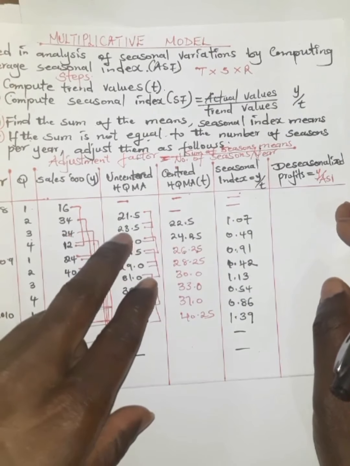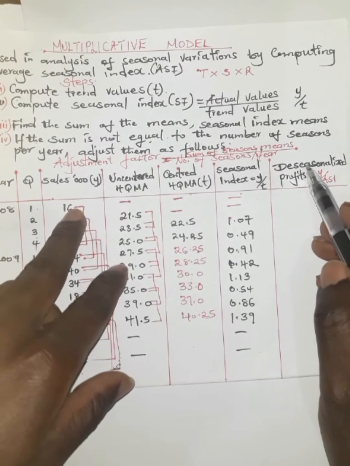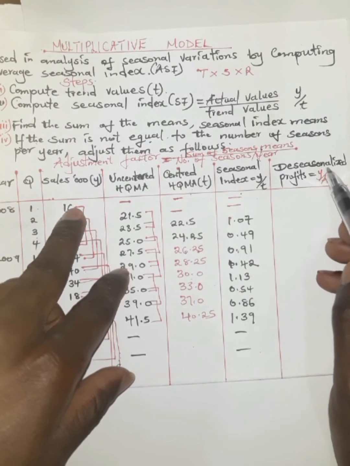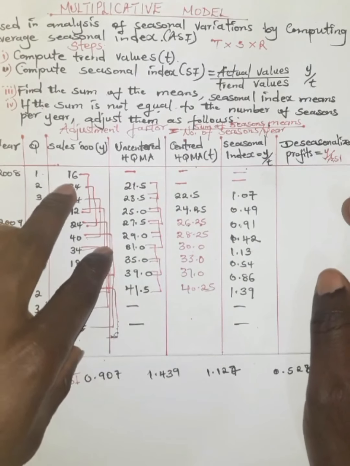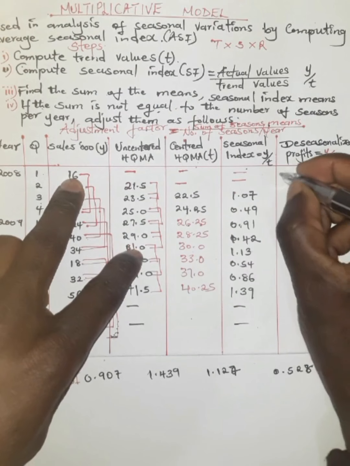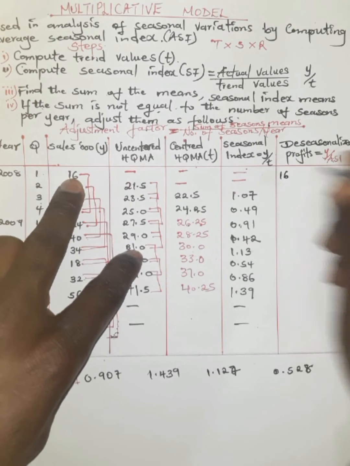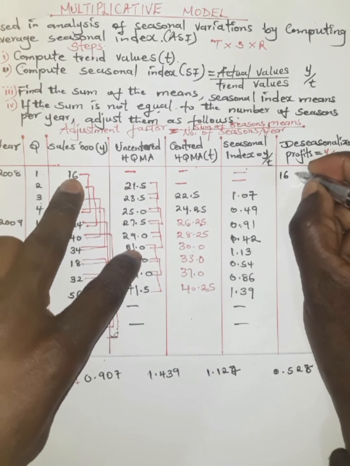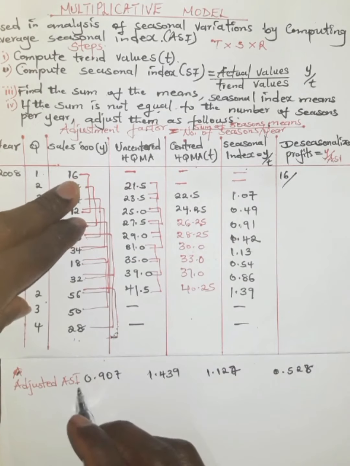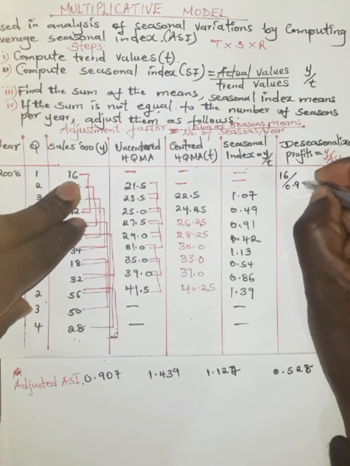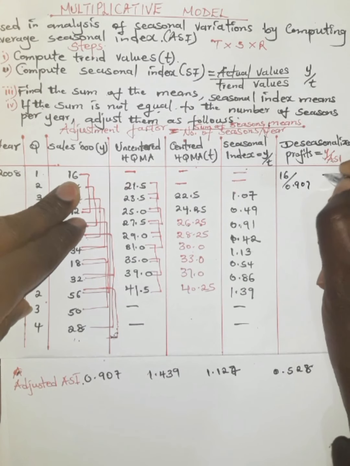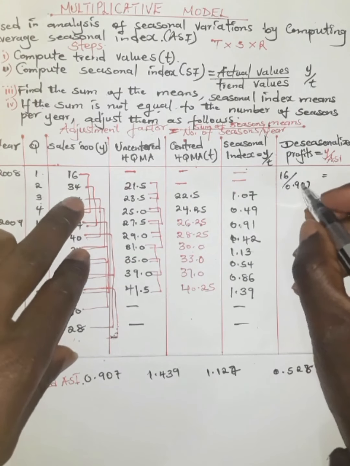We divide each sales figure, which generates the profit, by the average seasonal index for every quarter. Like 16 divided by 0.907.